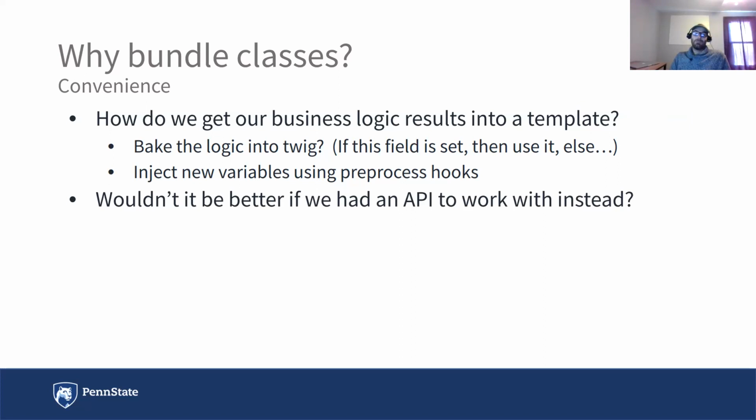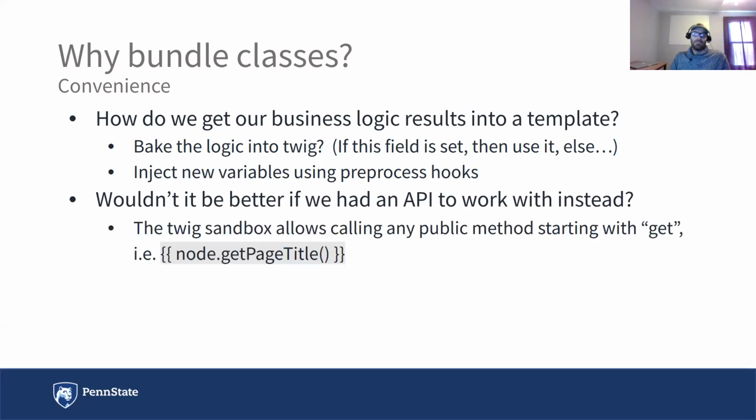So we end up doing a lot of pre-processing, a lot of conditional logic to make things look just so in any permutation of configuration options that we're reading this data from. But with bundle classes, we can use an API to encapsulate all of this stuff for us.